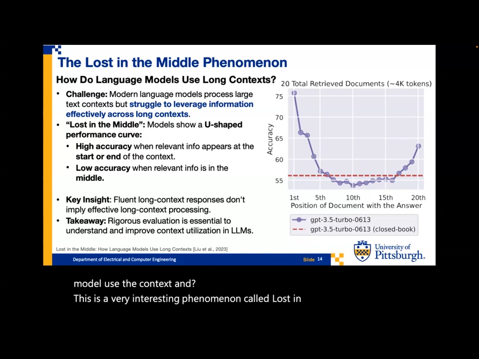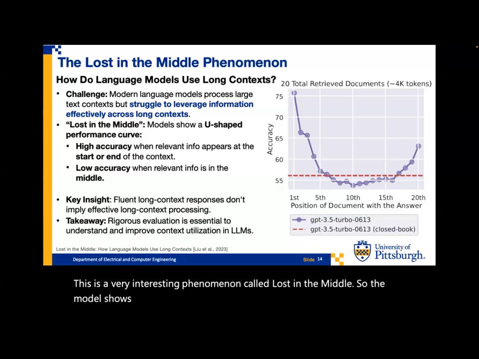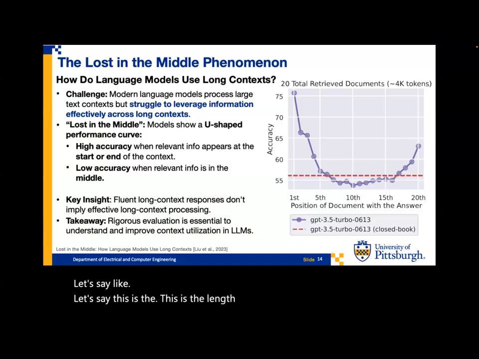So the model shows a U-shaped performance curve. Let's say this is the length of the context.